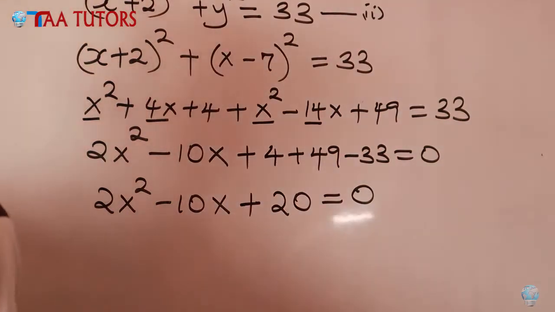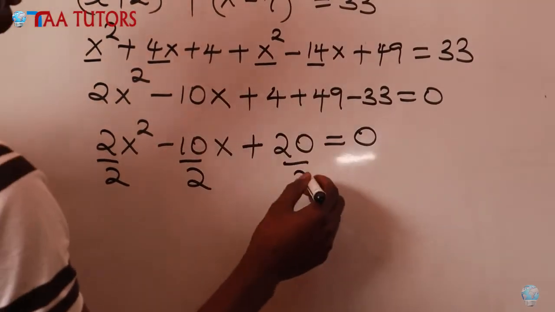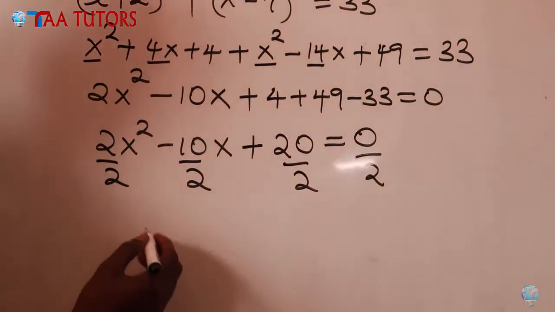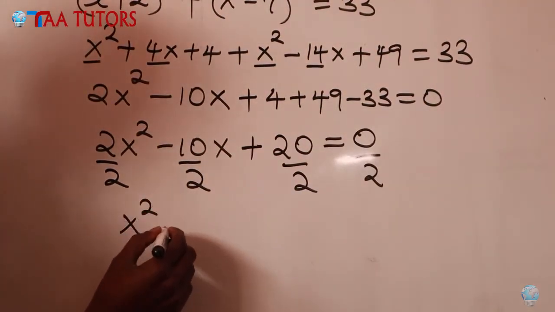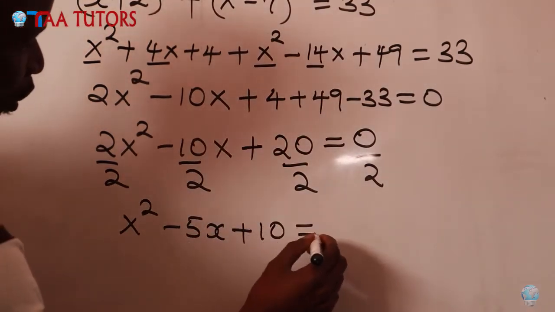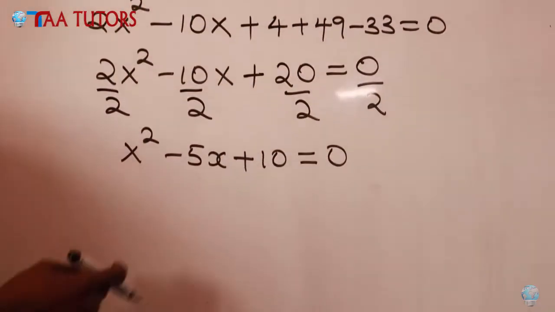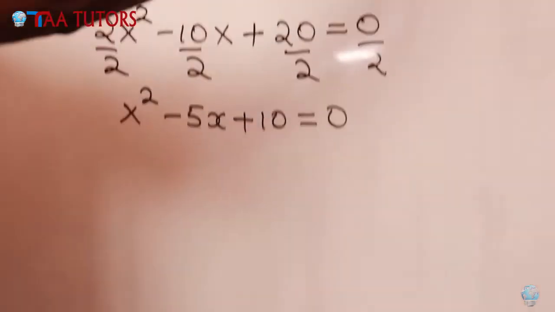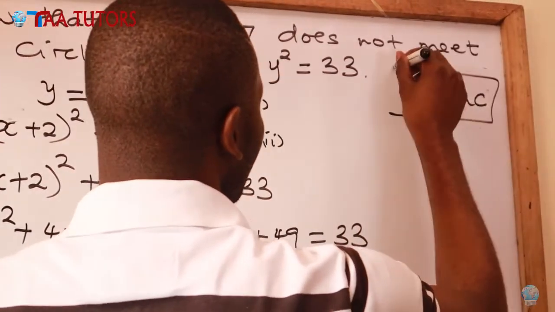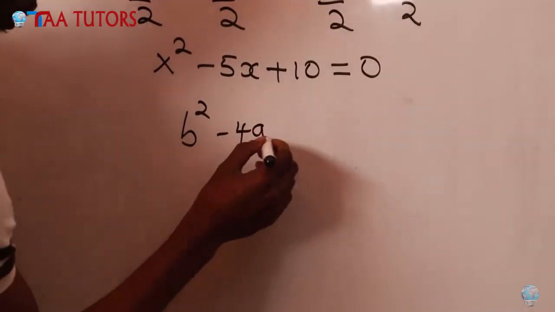So this equation that I have here, as usual, I can simplify, but that's not necessary. You can go ahead without simplifying. But if I simplify, I'll get x squared minus 5x plus 10 equals 0. Now, after reaching here, we are almost done. The only thing we need to do from here is to bring in the discriminant of this equation. The discriminant here is b squared minus 4ac.